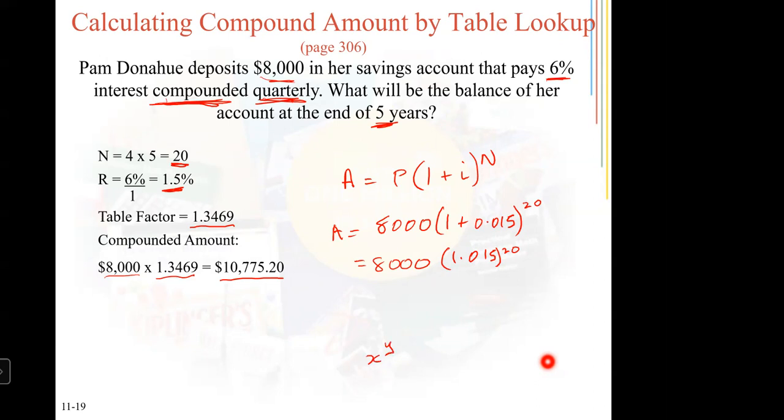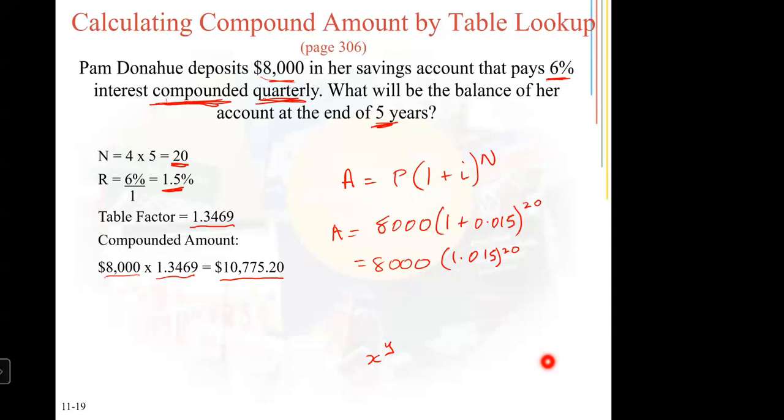So you would put in 1.015 and then press the x to the y key, then 20, and then it would give you the answer. Let me see it on my calculator. Some cell phones do have it, but remember you're not going to be allowed to use a cell phone in your exam, so you need to have a scientific calculator for that.